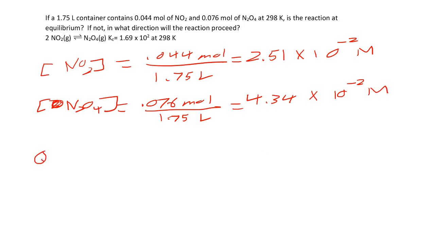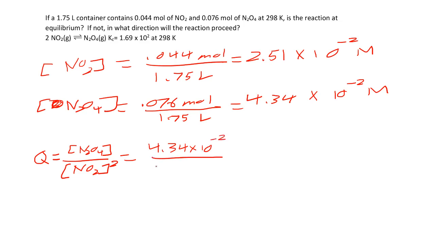So remember, Q is found the same way as K. It's just that it's at a set of conditions that might not be equilibrium. So this is going to be N2O4 over NO2, and the NO2 is squared because we have a 2 coefficient there. So we're going to plug our numbers in, and we have 4.34 times 10 to the minus 2 all over 2.51 times 10 to the minus 2, and that's going to be squared.